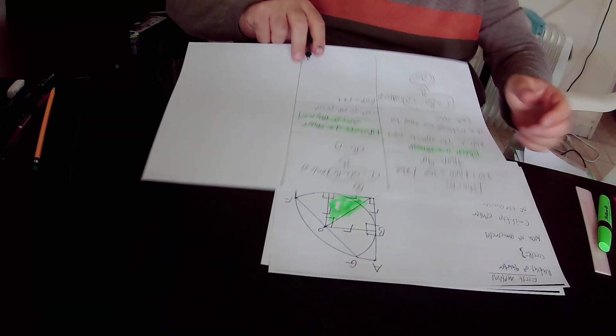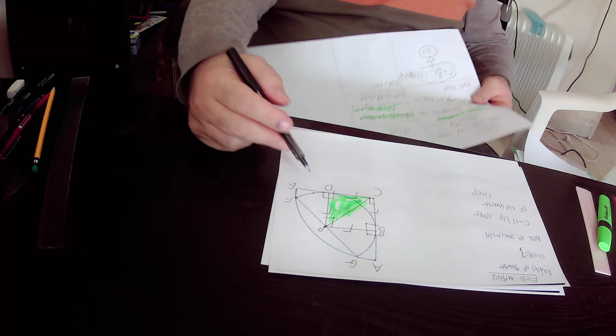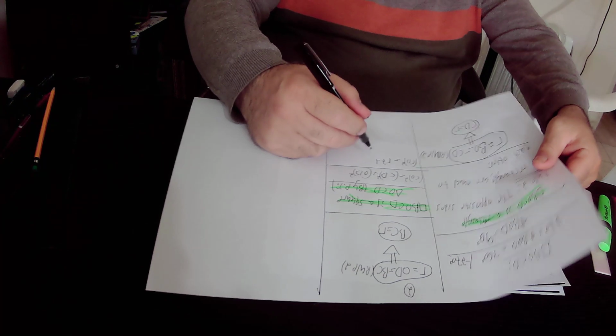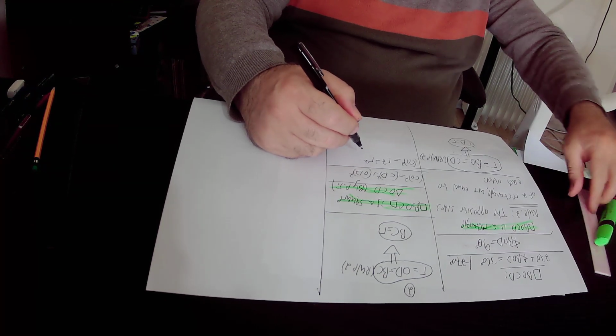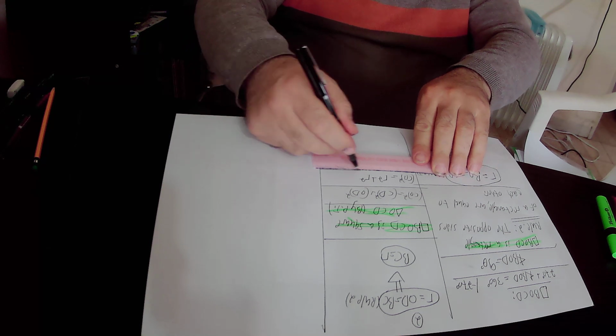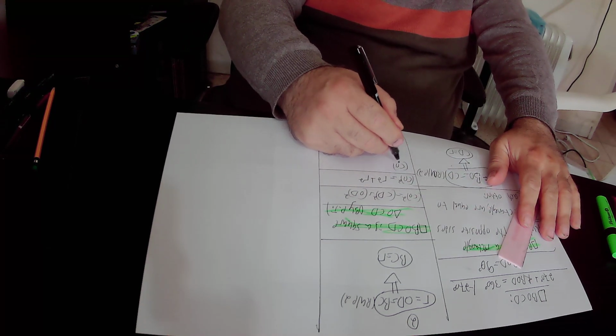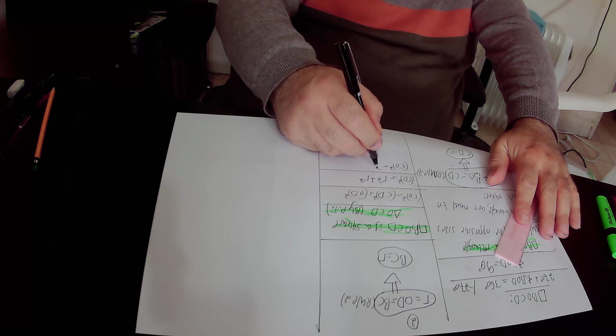OD equals R, so OD square will be equal to R square. So in conclusion, CO square equals R square plus R square, that is 2R square.